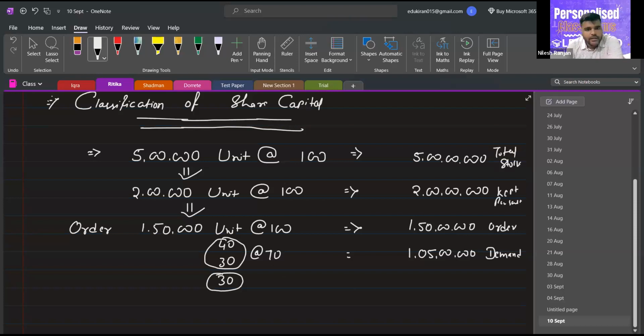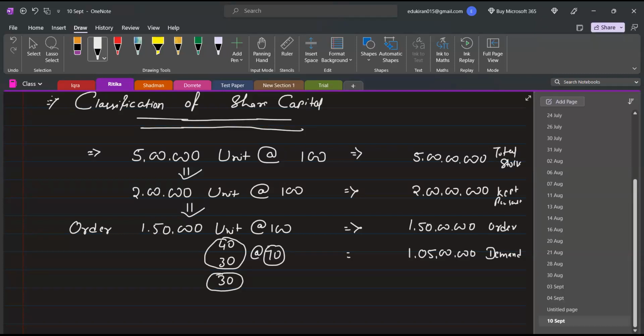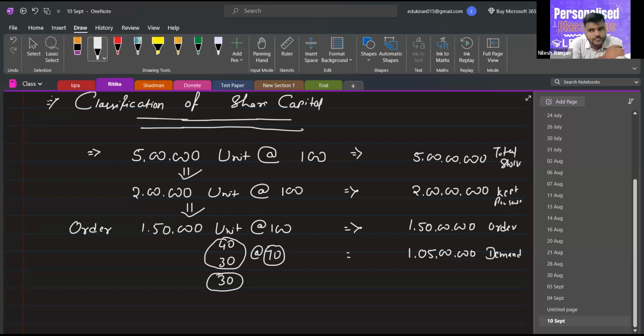Now, let's say if we ask 70 rupees from our customer, maybe there is a chance that some of the customers will not pay the full amount. Yes, sir.